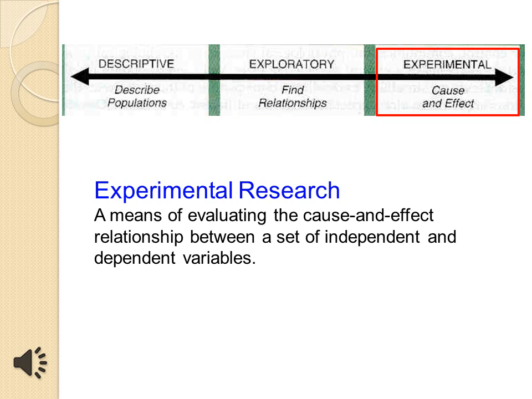The purpose of experimental research is to evaluate the cause and effect relationship between a set of independent and dependent variables. The researcher manipulates the levels of the independent variables and incorporates elements of control, so the evidence supporting a causal relationship can be interpreted with confidence. The term clinical trial is often used to describe experimental studies that examine the effect of interventions on patients or community populations.